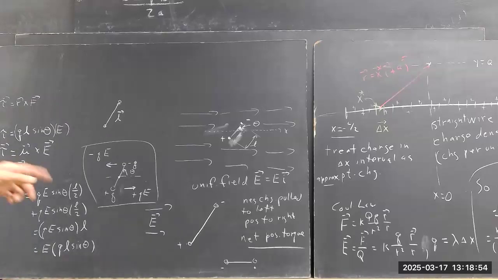So mu equals L Q. That's not the notation you got to see in your text.